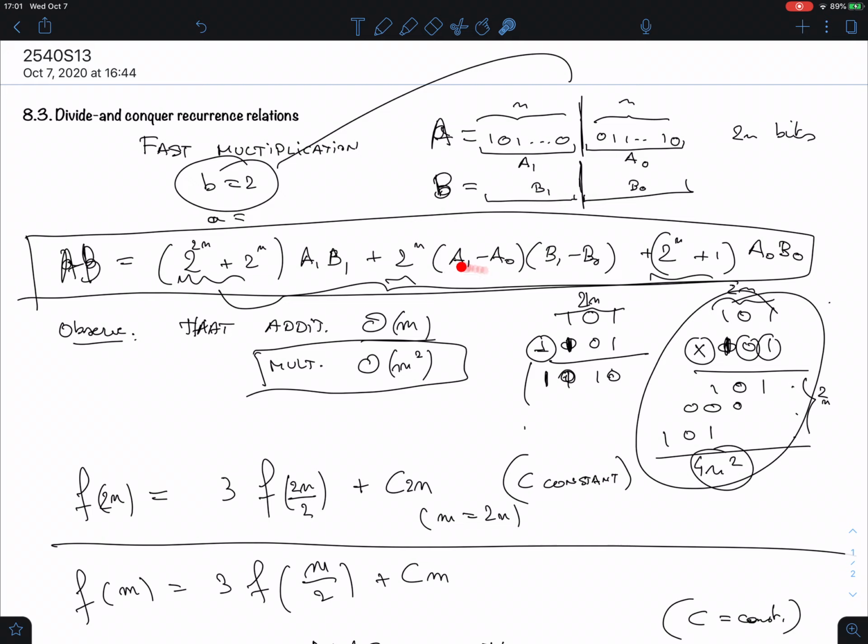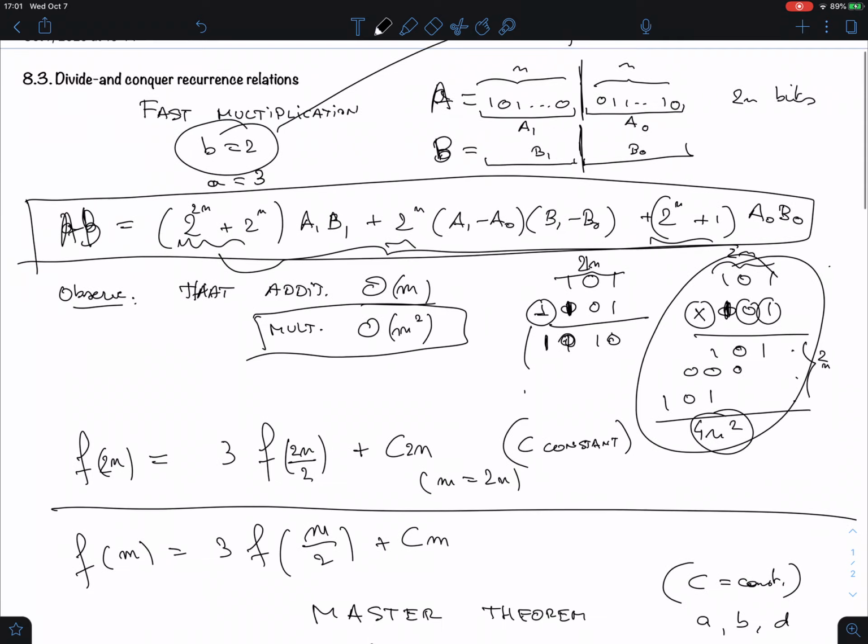Remember, this is considered as one n-bit number, this is another n-bit number, and it's the multiplication of those two that we do once. We don't want to expand this, right? Because that would make it 4. You want to keep it as a single one. Think of this as a single n-bit number. This is an n-bit number, and we multiply them, so this is one instance of the smaller problem. This is another instance of a smaller problem, and this is a third instance of a smaller problem. So A is 3 here.